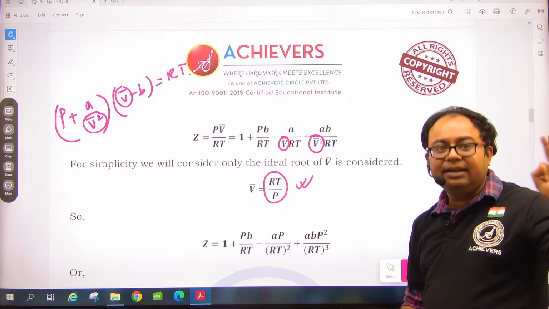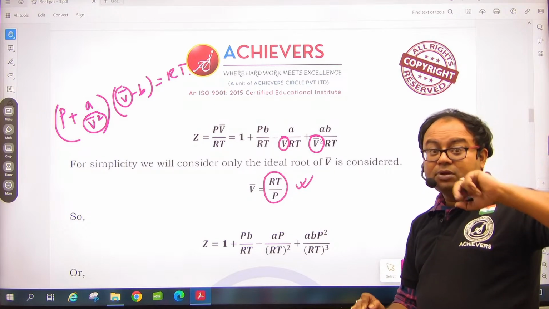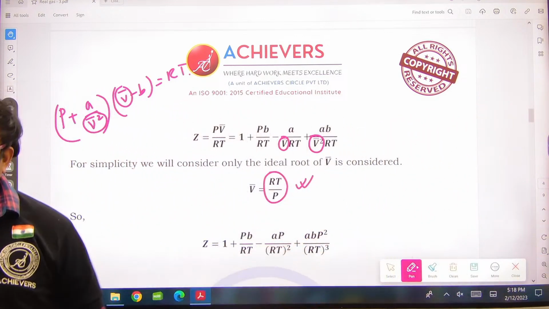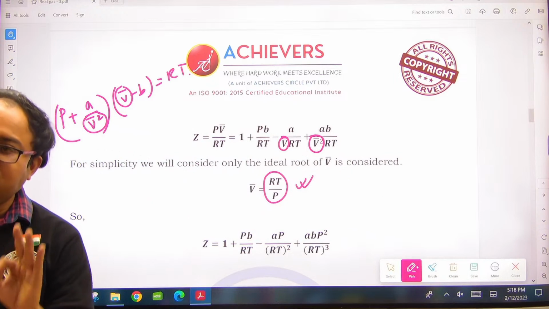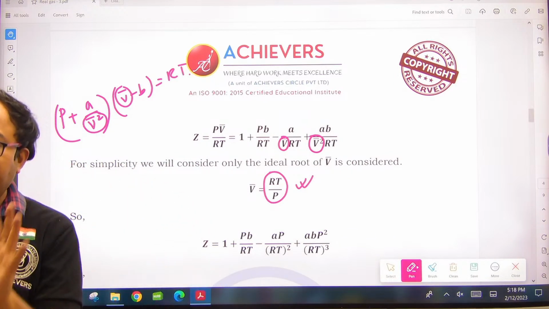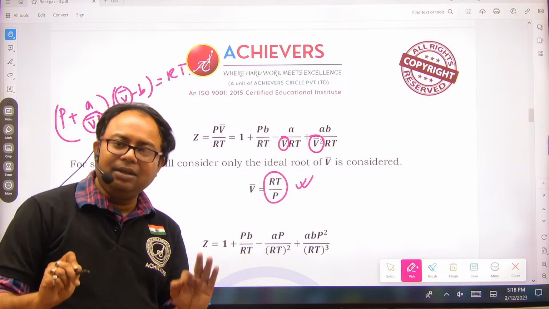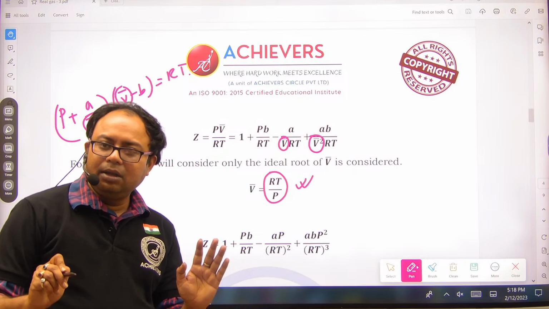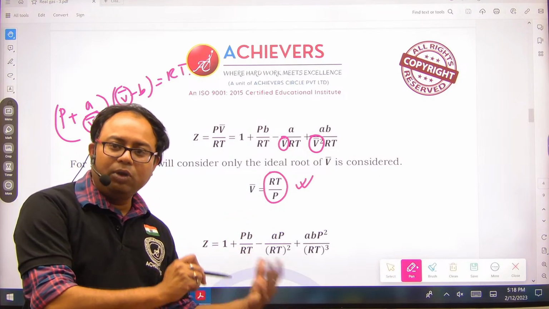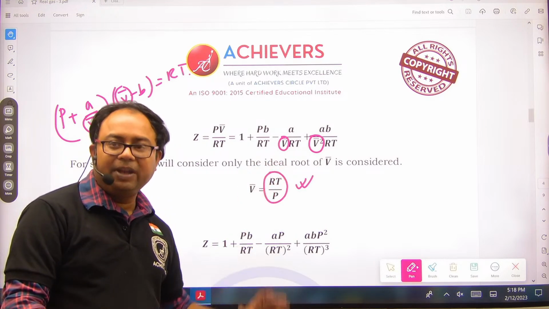That's why instead of solving the entire equation and using all the 3 roots, I am just using the ideal root. Obviously, I am infusing a bit of error over here, but that error is negligible. That makes stuff simple. Otherwise, it would have been a very complicated algebraic equation.